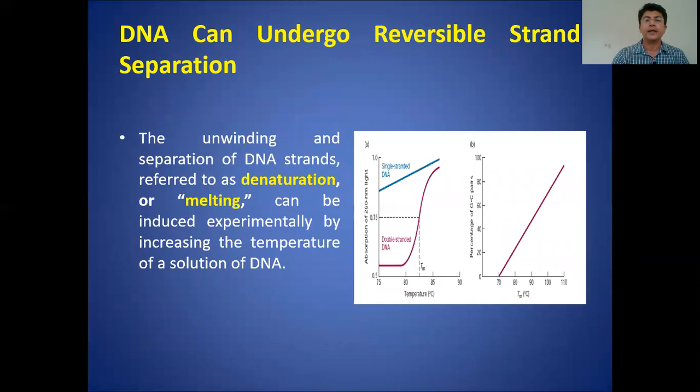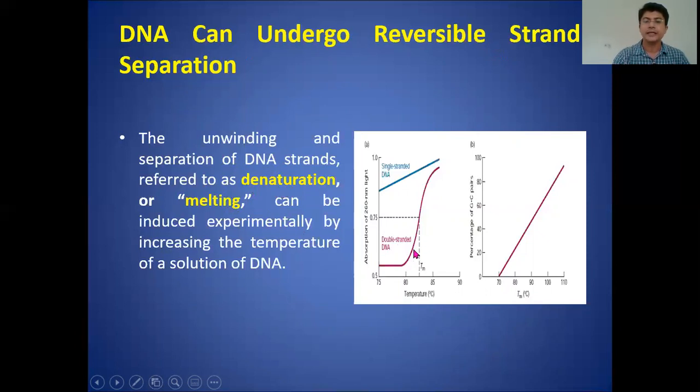Now DNA has a property of undergoing reversible strand separation. So if the DNA solution is subjected to high temperature, then the melting of the DNA occurs, which occurs due to strand separation. Strand separation can be referred to as denaturation or melting.